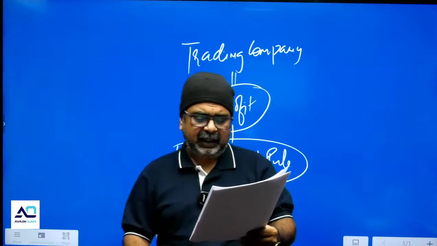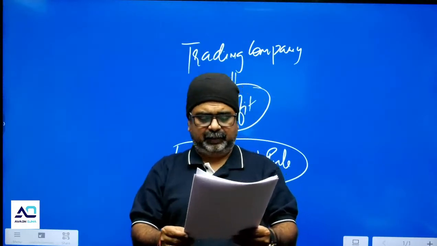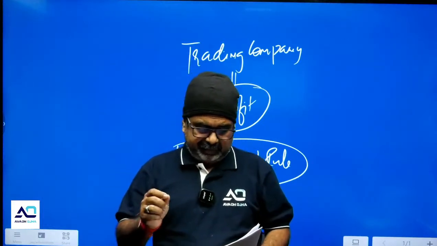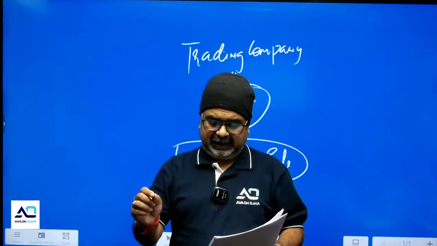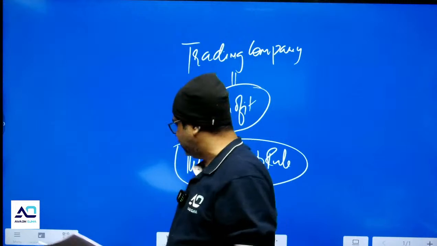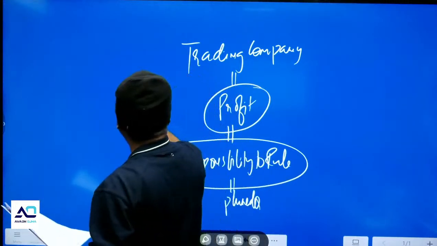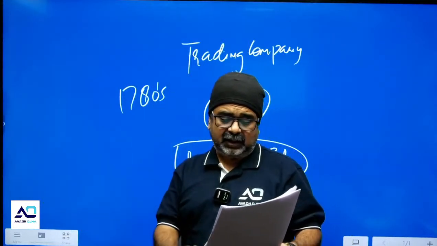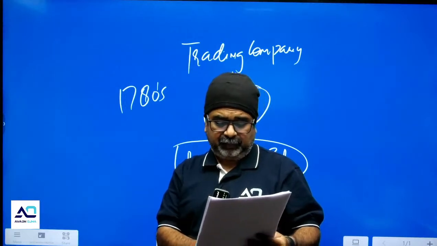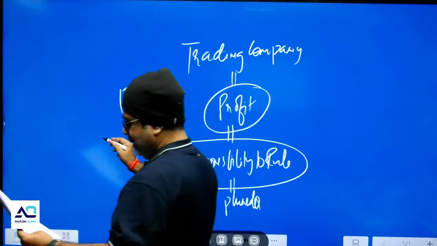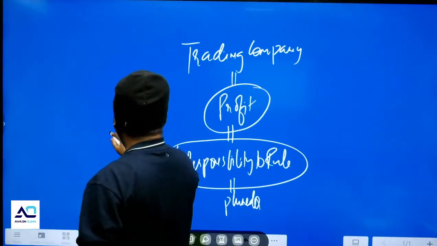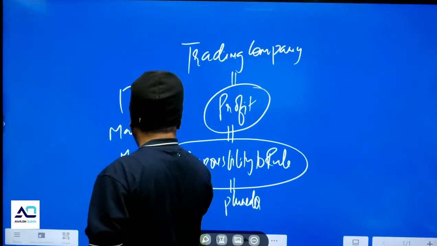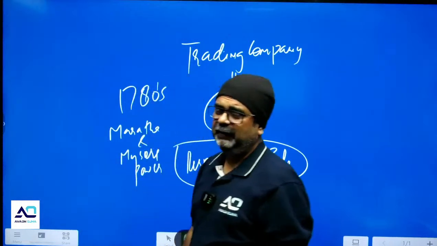And in 1780s, the company again asked a loan of 10 lakh pound, in the background of facing Maratha and Mysore power. So the company was fighting with both the powers at the same time.